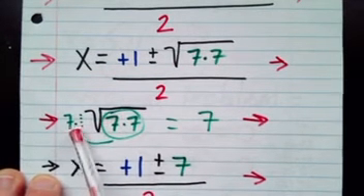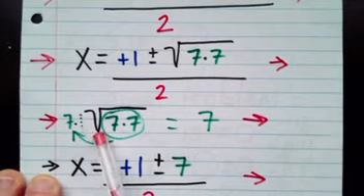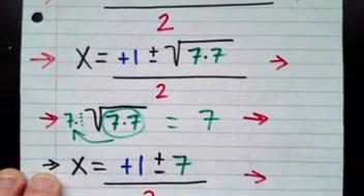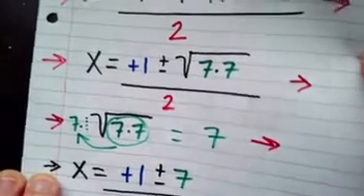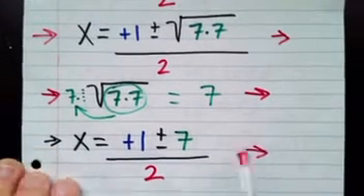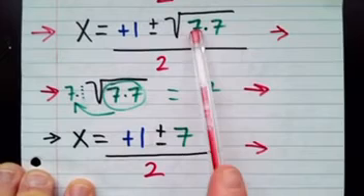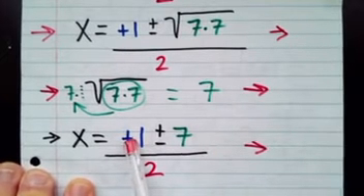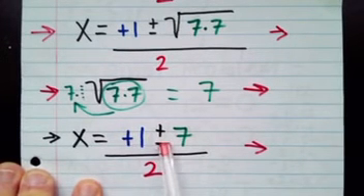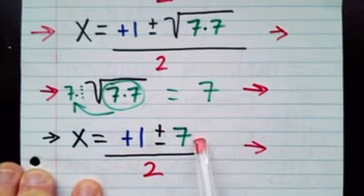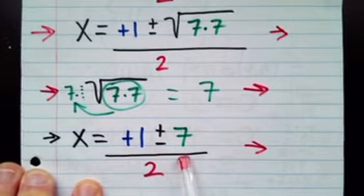So 7 times the invisible 1 is 7, which gives us the next step we have down here. So we can get rid of this radical. Now it's positive 1 plus or minus the square root of 49, which is 7, all divided by 2.